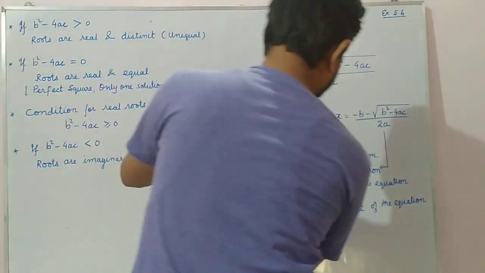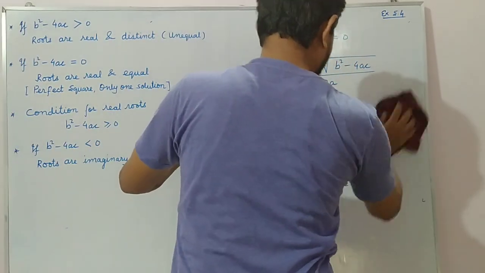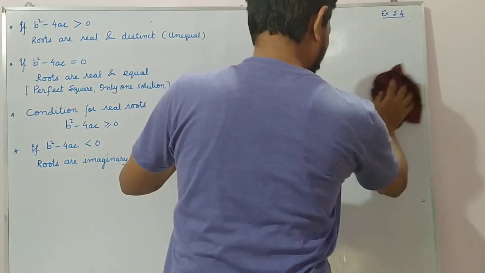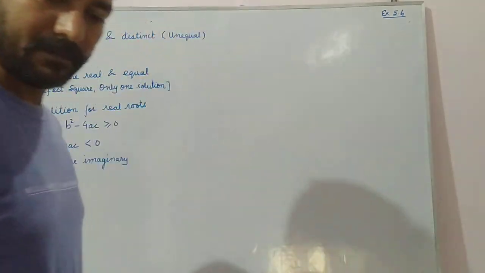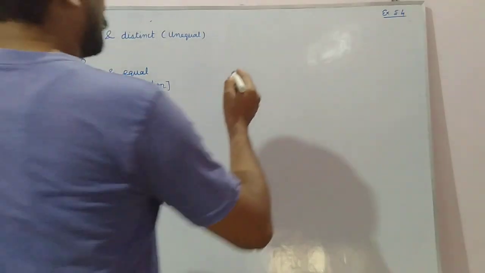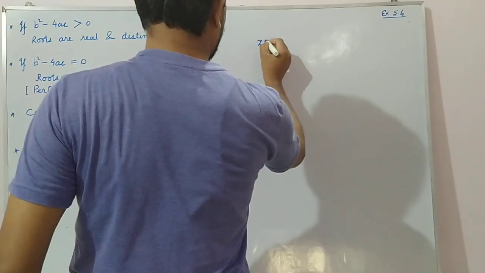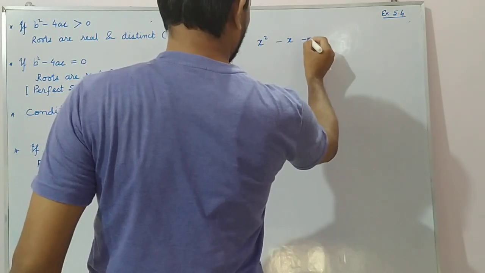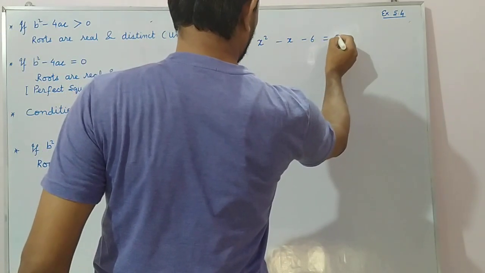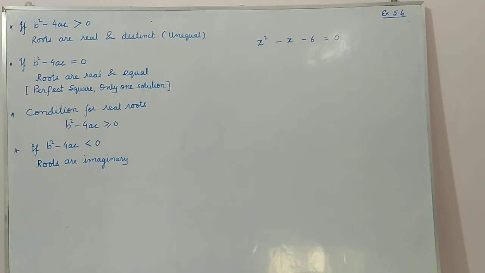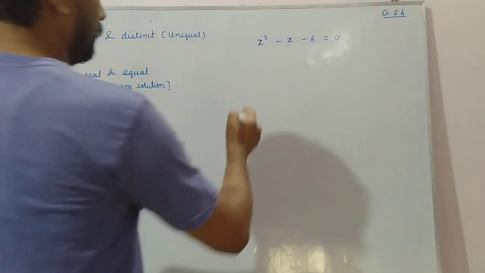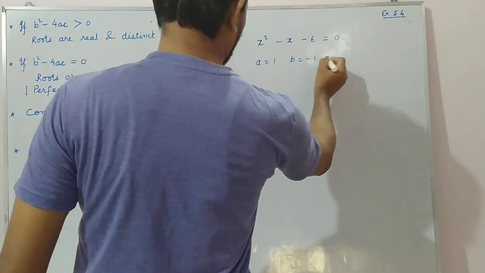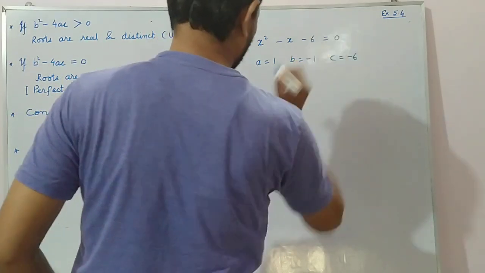Just see here. Suppose the quadratic equation is x square minus x minus 6 equal to 0. x square minus x minus 6 equal to 0. a is 1, b is minus 1, c is minus 6.